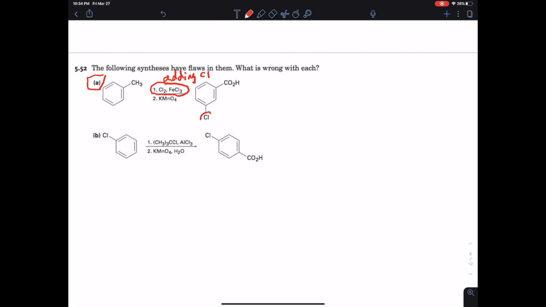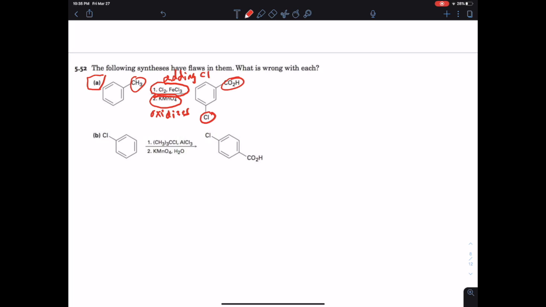And it appears that the chlorine has been added. And then the KMnO4 oxidizes. So the methyl becomes the carboxylic acid, as we've talked about in this chapter. Alkyl groups on the ring will oxidize in that way.